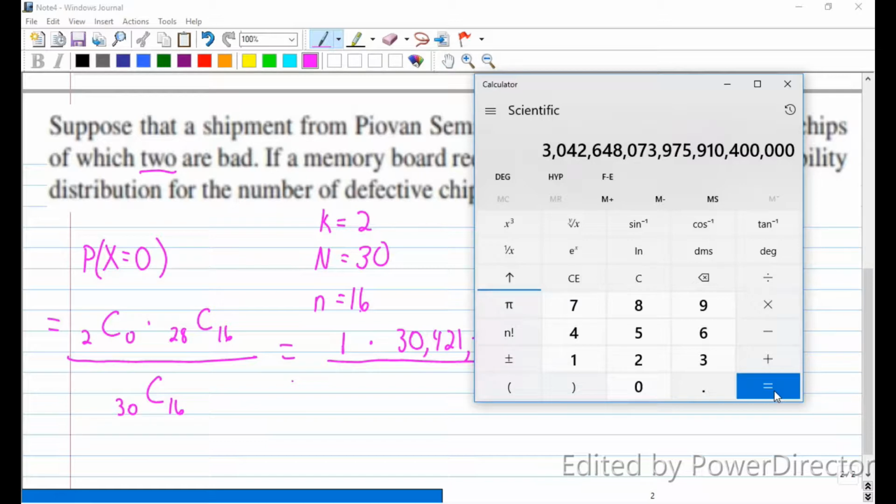Okay. It didn't do any rounding. Divided by 16 factorial. Again, most of your calculators will do this. So 145,422,675.